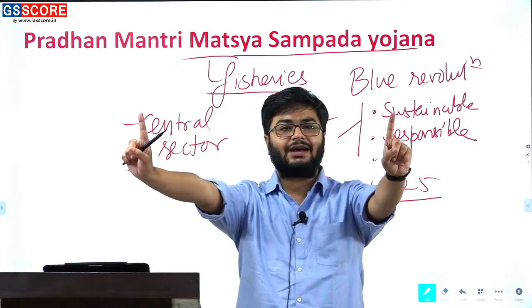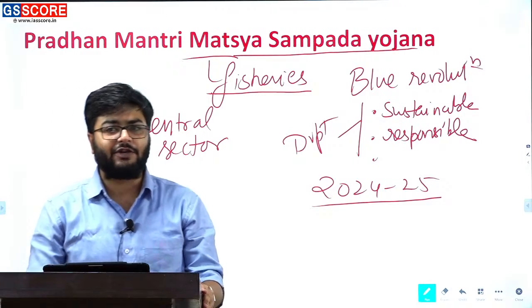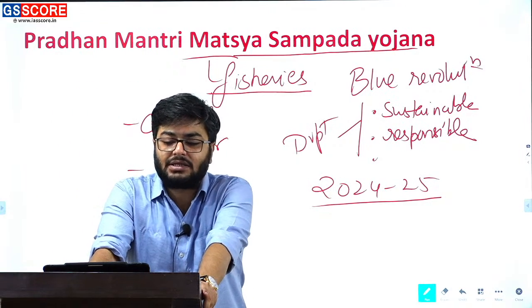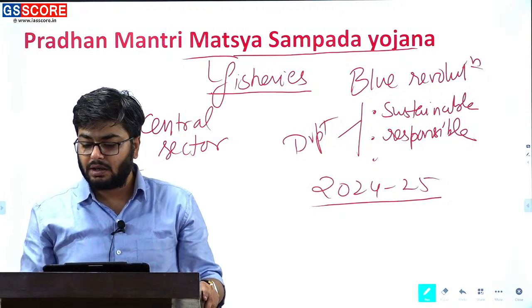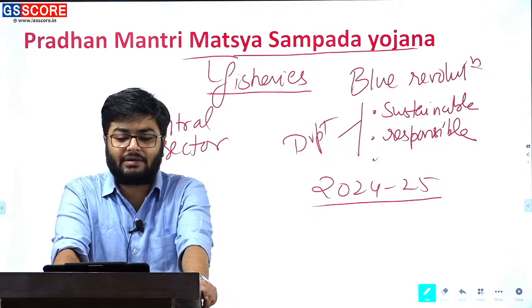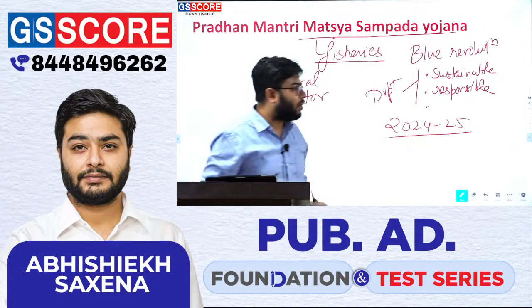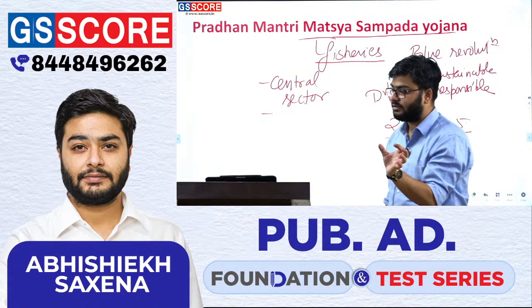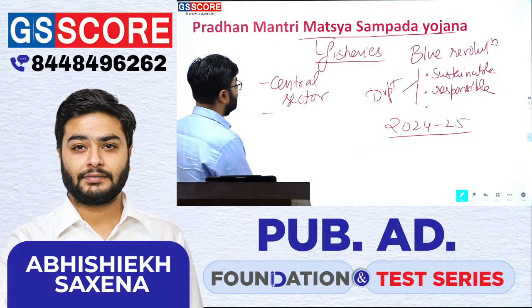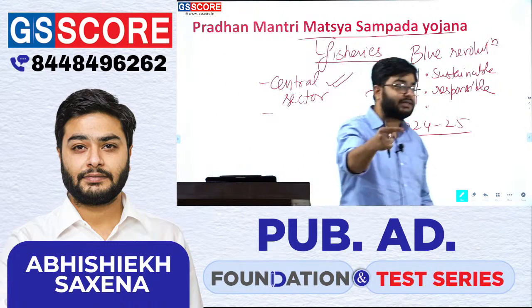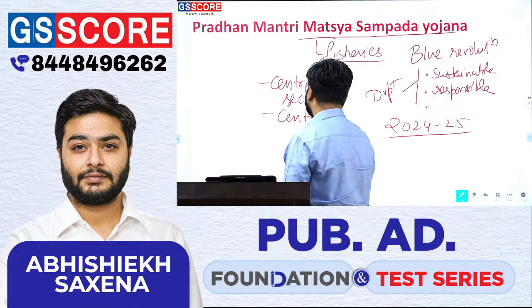It is looking at the entire value chain of the fisheries sector, from fish seeds to feed mills, extension services, technology, livelihood support, innovation, etc. This one vertical that I have just talked about, the innovation, livelihood support, insurance, etc., is a central sector scheme. But as a component, there is a centrally sponsored component as well.